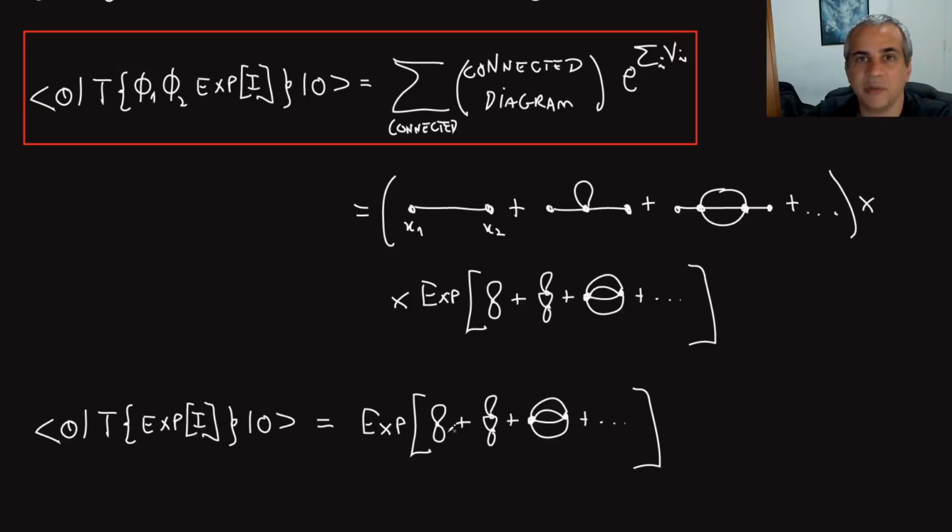There's no bubbles anymore. So that normalization that was all along in the denominator had the job of actually removing all these things that are happening in the vacuum.